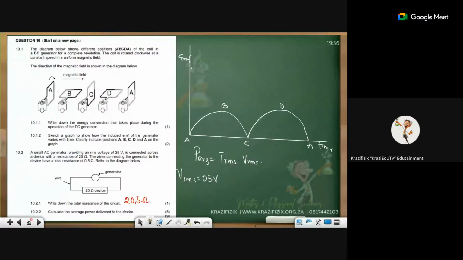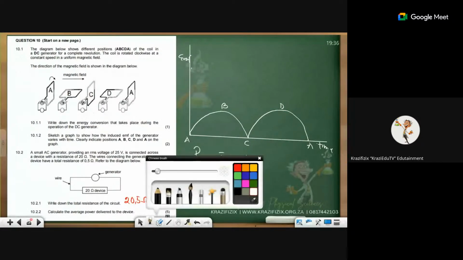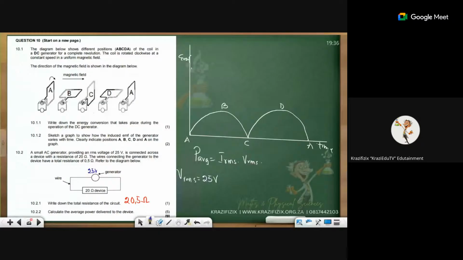Okay. Now, if this is 25, do you notice that these things are connected? If this is producing 25 volts, what do you think will happen? Can we get the IRMS? Yeah, we can get the IRMS, the total current in the circuit.